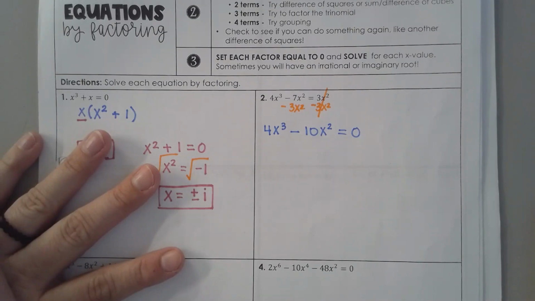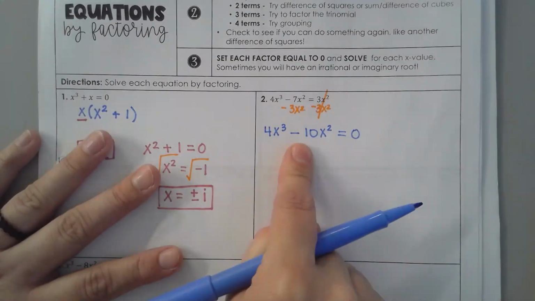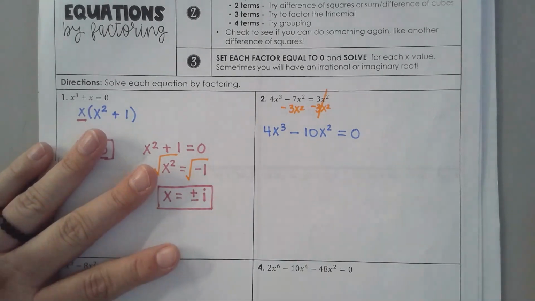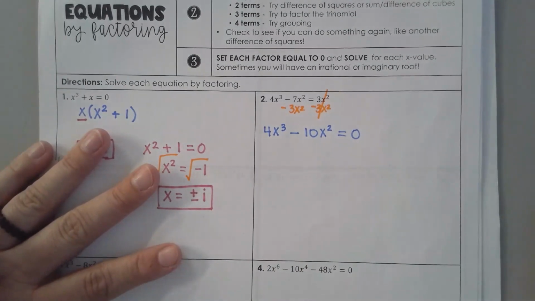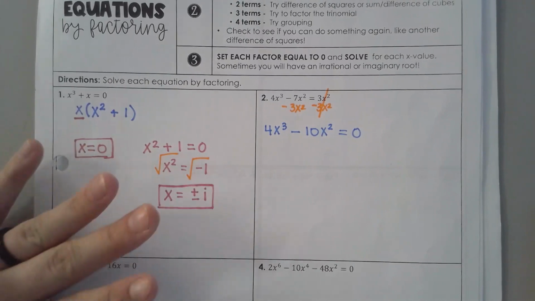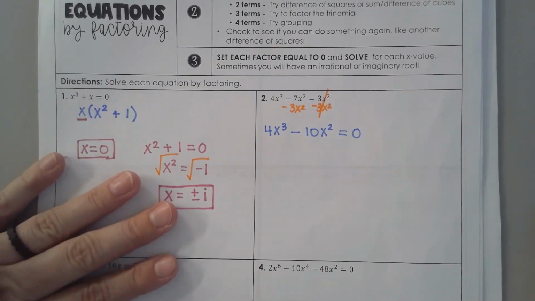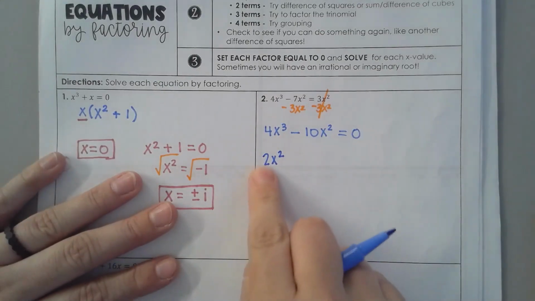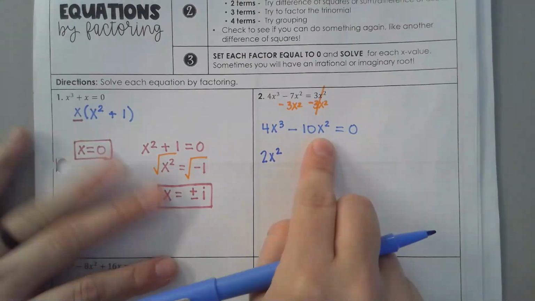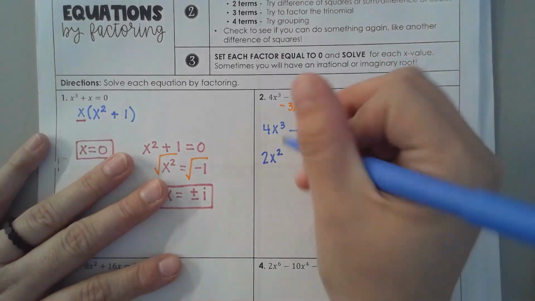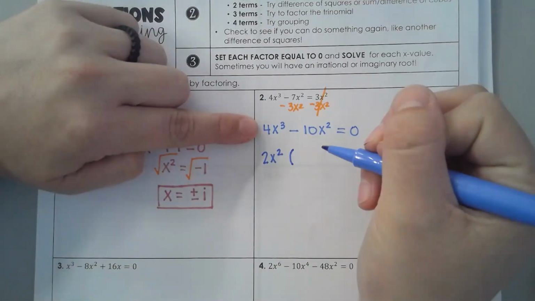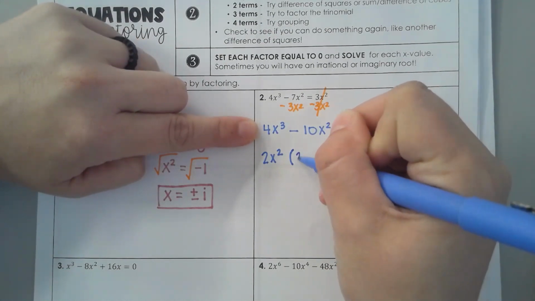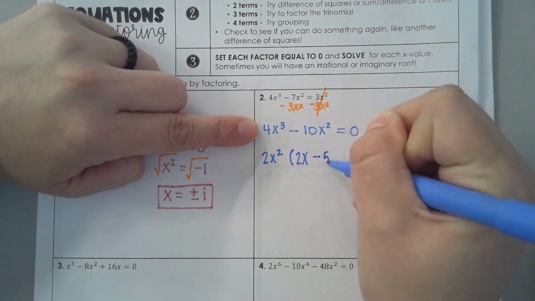And that gives us 4x cubed minus 10x squared. Is there a GCF? 2x squared. So they both can be divided by 2, and I can take x squared from both of them. So I'm left with what? 2x minus 5.